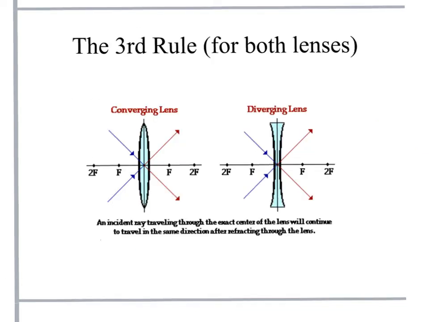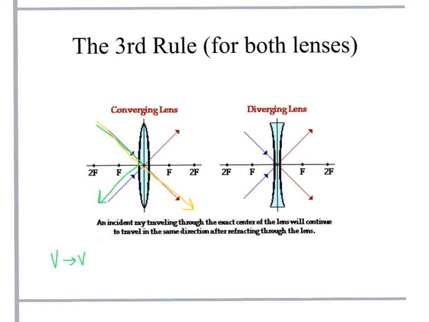The final rule is our V to V. Where light travels into the vertex, it will go straight through. In a mirror, we saw a reflection, but with our lens, it's going to go straight through.